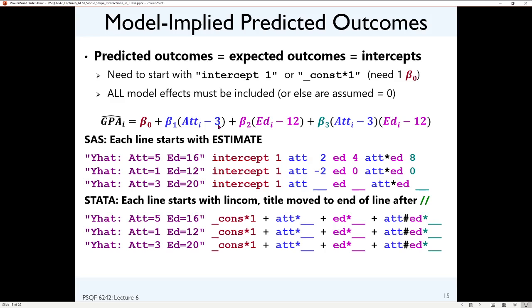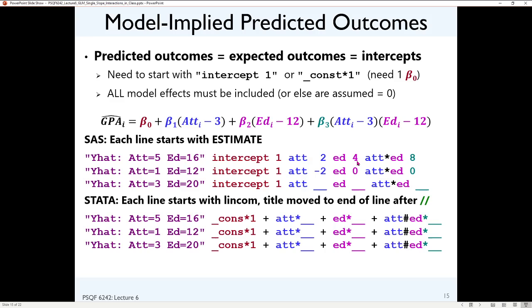Then relative to attitudes of 3 as the 0, an attitude score of 5 is 2 higher, so I have a 2 here. And relative to education of 12 as the 0, education of 16 is 4 higher, so I have a 4 here.